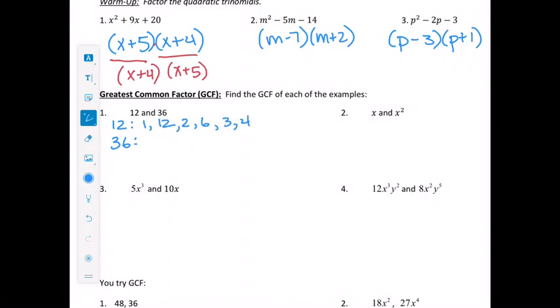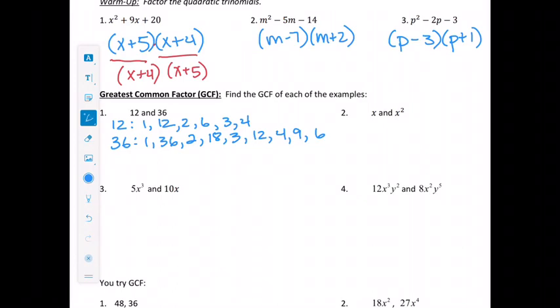And 3 times 4 is equal to 12, so 3 and 4 are both factors. Let's go on to 36. 1 times 36, 2 times 18, 3 times 12, 4 times 9, and 6 times 6 gives you 36. So all those numbers are factors.